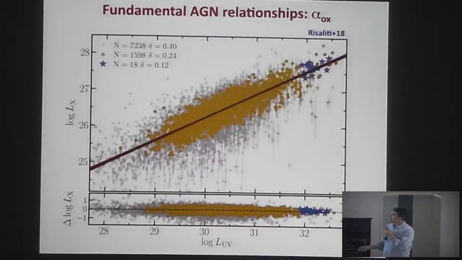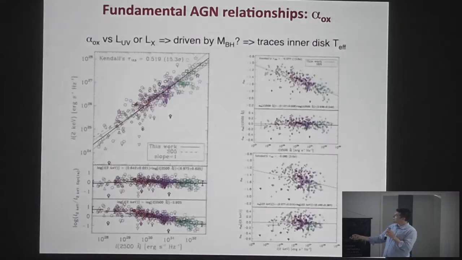That's interesting. This is another version of that, now using many thousands of AGN, where you have X-ray data and UV data. What's interesting about this is, there is some scatter here, but because this is nonlinear, we can go out and measure the redshift of each object, get a distance, get a luminosity, but we also can measure the alpha OX, and the alpha OX tells us essentially the luminosity, right?